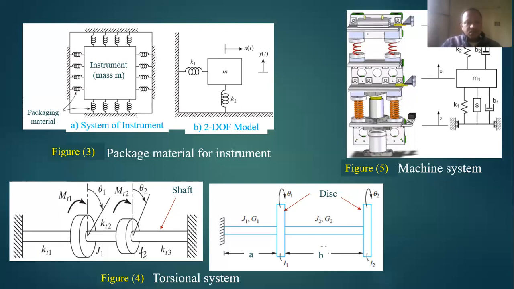And also for disc 2, which is characterized by the moment of inertia J2. The shafts are considered as elastic material with torsional stiffness KT1, KT2, and KT3 here inside.